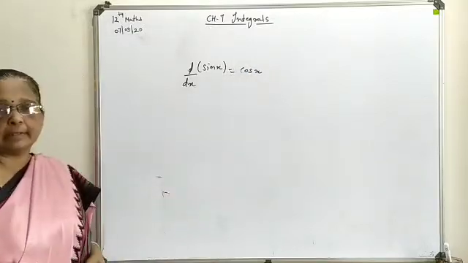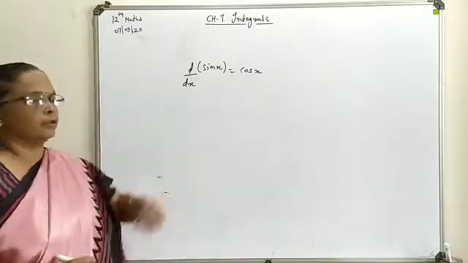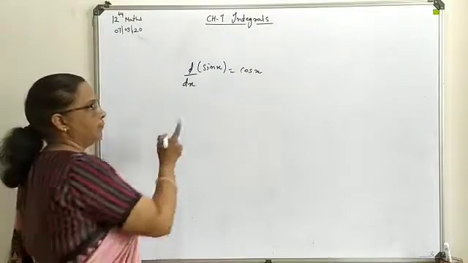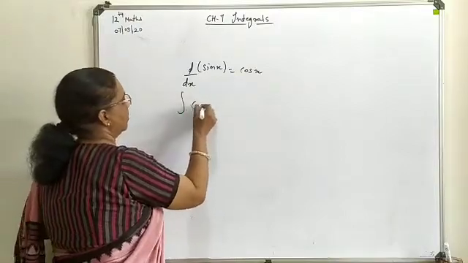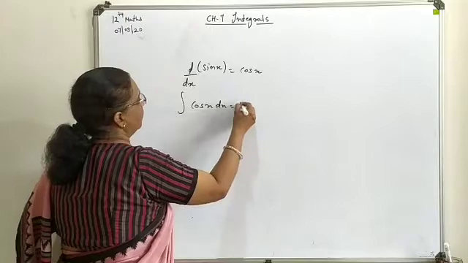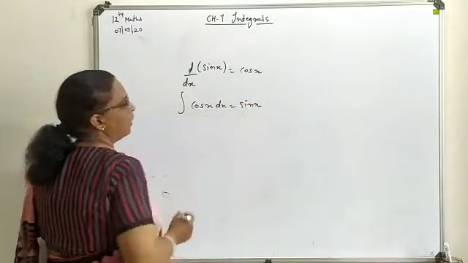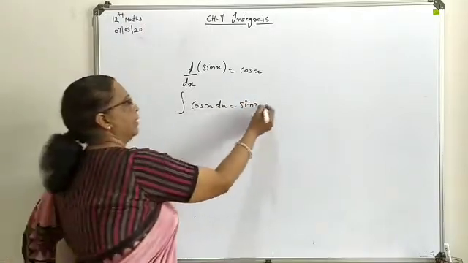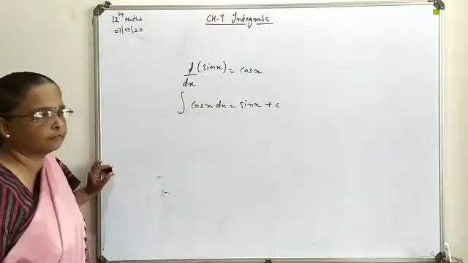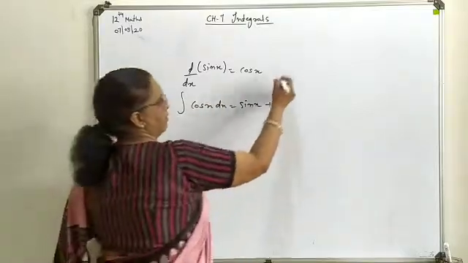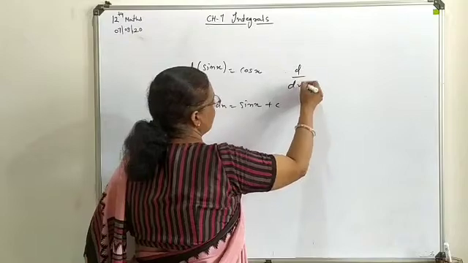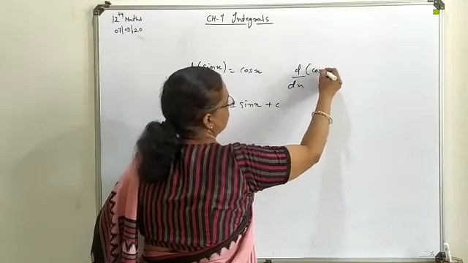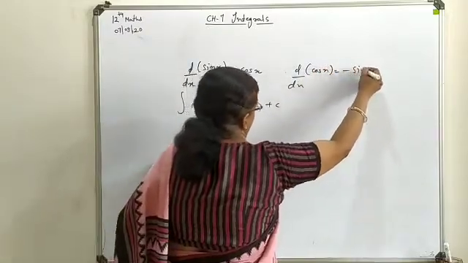So while writing the integration, you follow the reverse order. When you write the integration of cos x, you will have sin x as the answer. This way the integrations are linked with the derived form. We have the derivative of cos x as minus sin x.